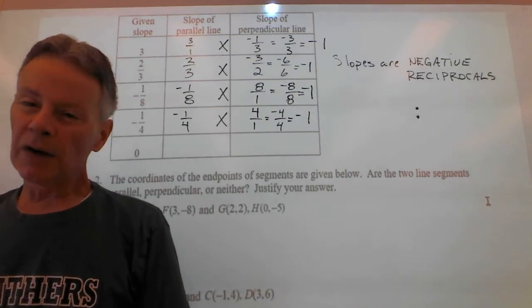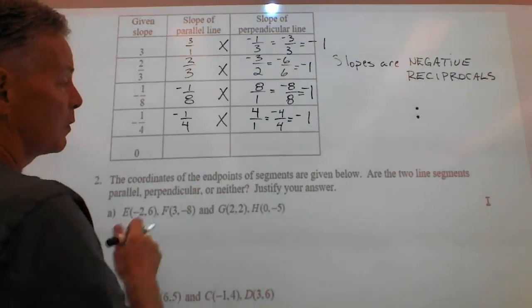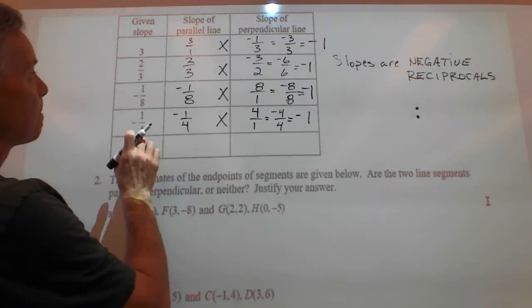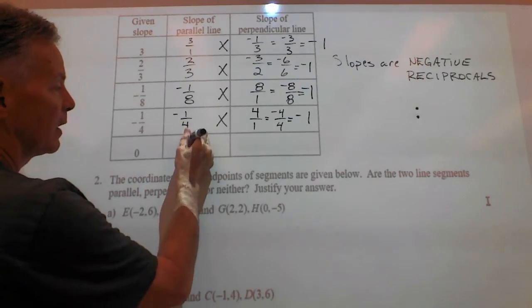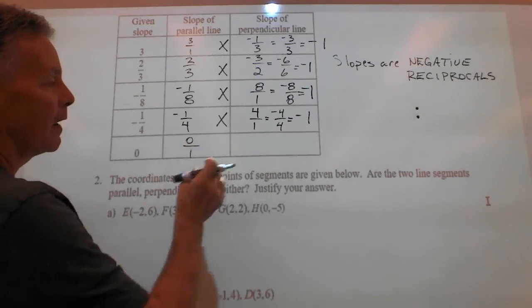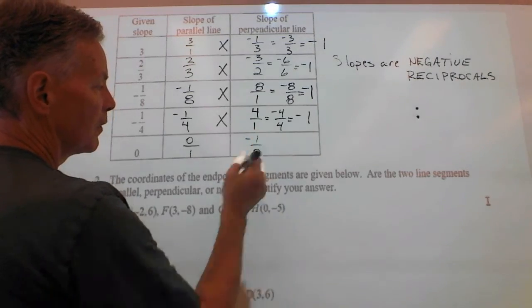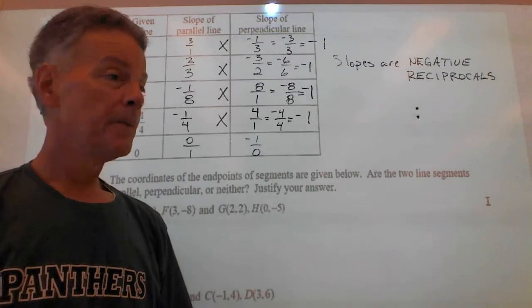The only time this doesn't really work, although you could say it works, is if you have a slope of 0, right? A slope of 0 might be something like 0 over 1. That would make the perpendicular line negative 1 over 0, which we know is undefined, right?